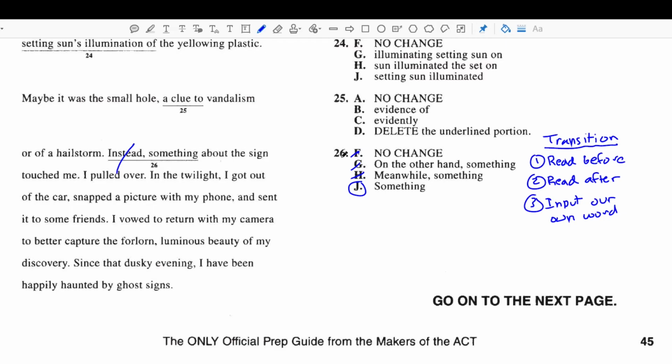Now, it's rare to have an answer choice where we just get rid of the transition word. Most of the time, all four of these will be different words. Okay, so it's very important that you read before, then you read after, and then you input your own word. If you don't follow these steps, then you're not going to understand the context that the transition word is supposed to exist in. And you might end up just plugging in the transition words.